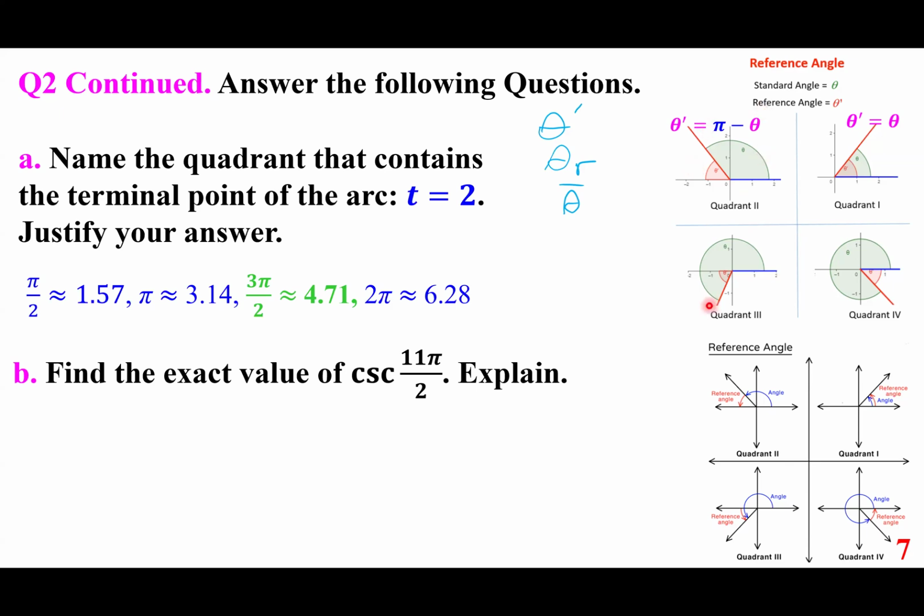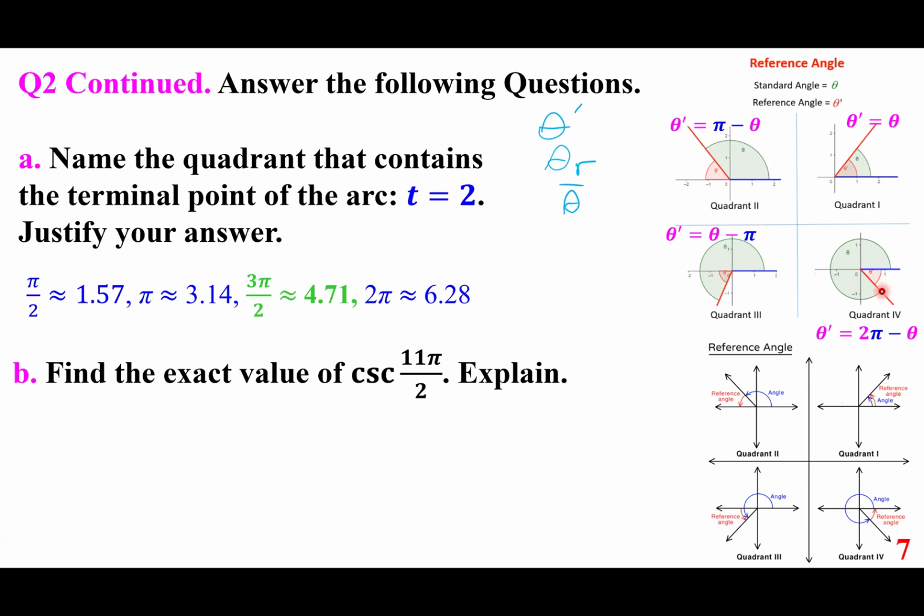On the other hand, in the third quadrant, the angle theta is larger, and this is the reference arc, so it's theta minus pi. And finally, in the fourth quadrant, 2 pi minus theta becomes the reference arc. So everybody understands what's going on.